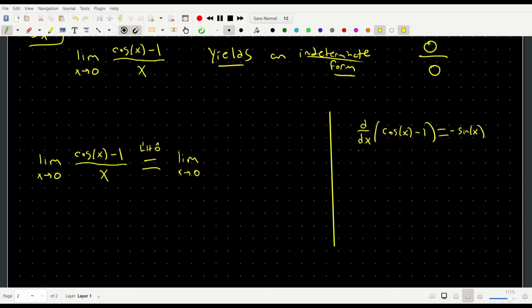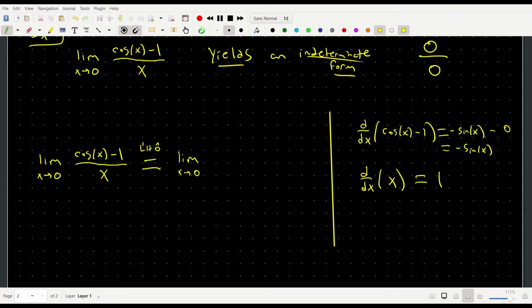Remember the derivative rule that the derivative of a sum or a subtraction is the same thing as the derivative of each term added together. This is just negative sine of x. And the derivative of the denominator function x is 1.